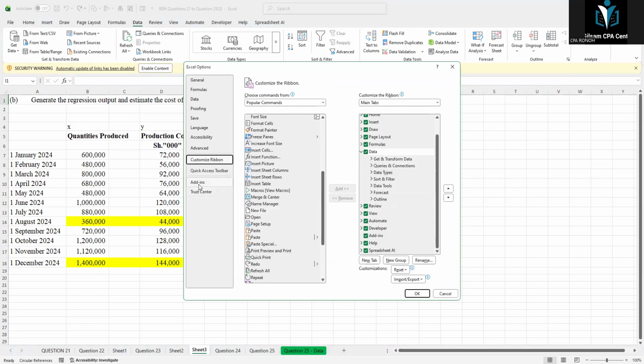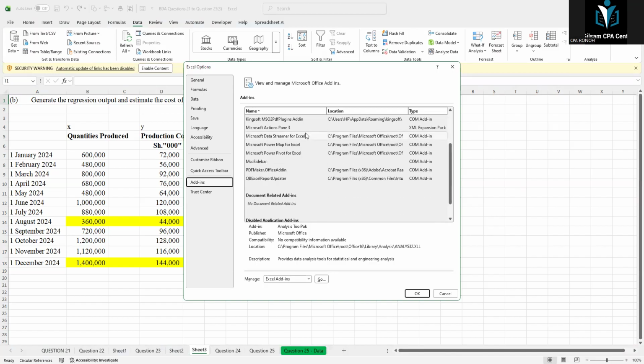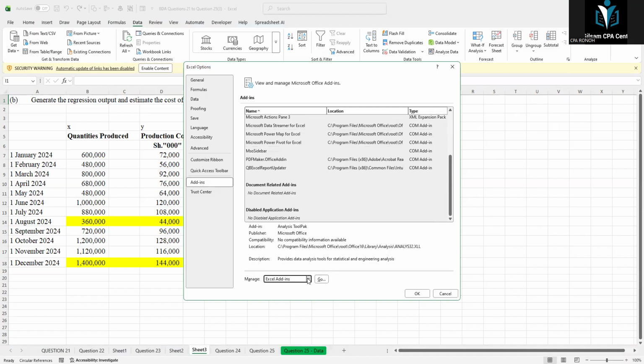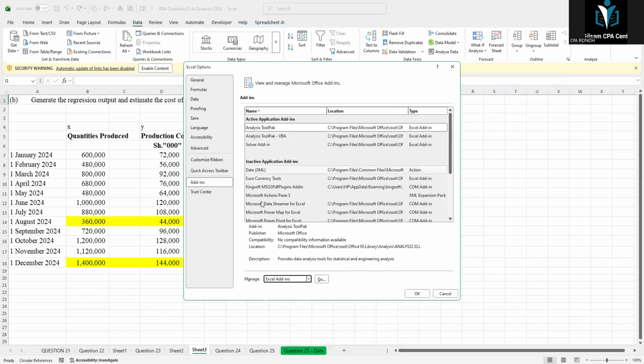This way, not Customize the Ribbon, Add-ins, and then from there, check whether this analysis toolbar has been added. If it has not been added, there is an Add-in option. It appears as an option of adding. You can see the inactive applications. So you can just click to add in. So these are some of the active applications and inactive applications here.